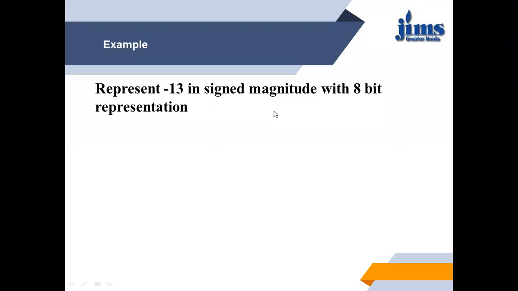Convert +13 into binary, and the process is: 13 is divided by 2, 6 is the result, 1 is the remainder, and that is the first coefficient. Do it yourself.